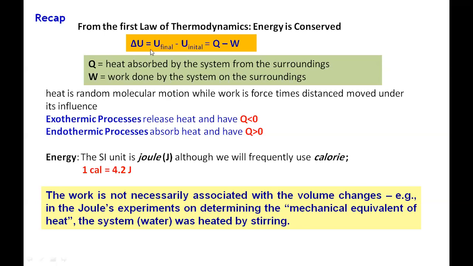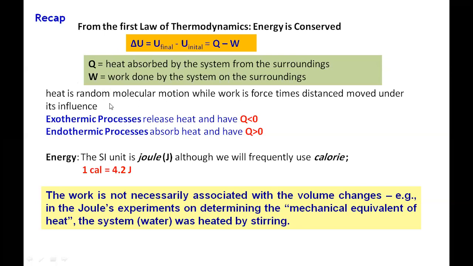So delta U هي عبارة عن U final minus U initial، وهي تساوي عبارة عن Q minus الwork. إذا بهاي الحالة Q is heat absorbed by the system from the surrounding. أما W is work done by the system on surrounding. إذا ننتبه للمعاني Q and work, okay, in this equation.